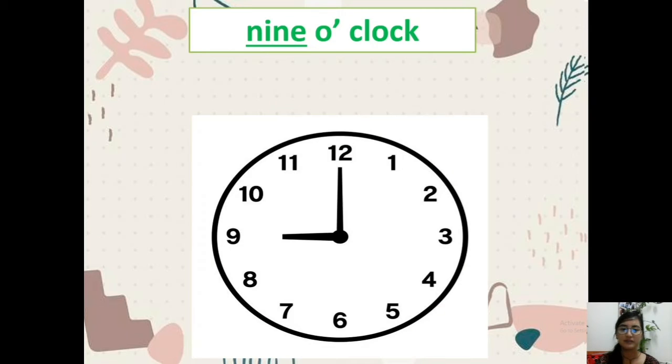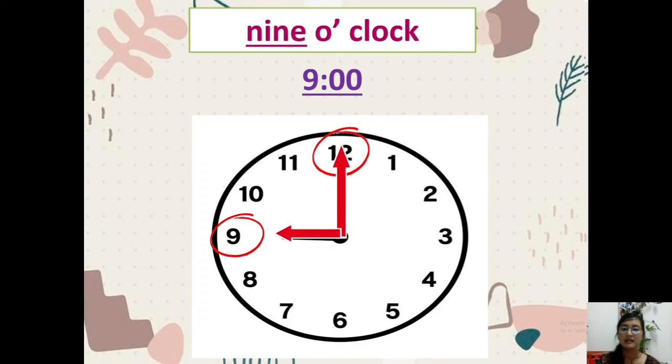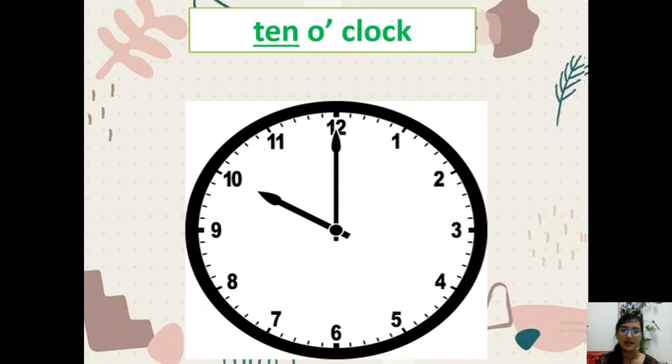Next, if the long hand points to 12 and the short hand points to 9, then the time is 9 o'clock. It's 9 o'clock. Next, how about this one?